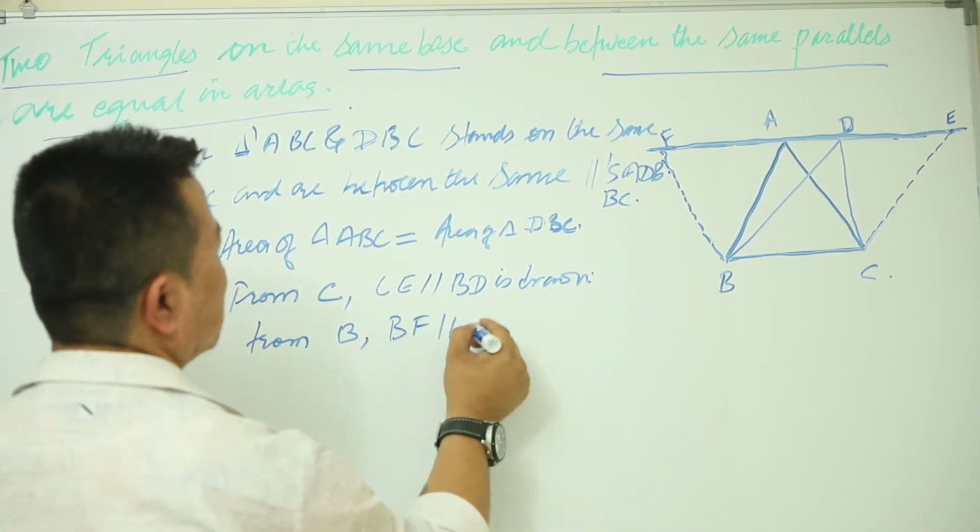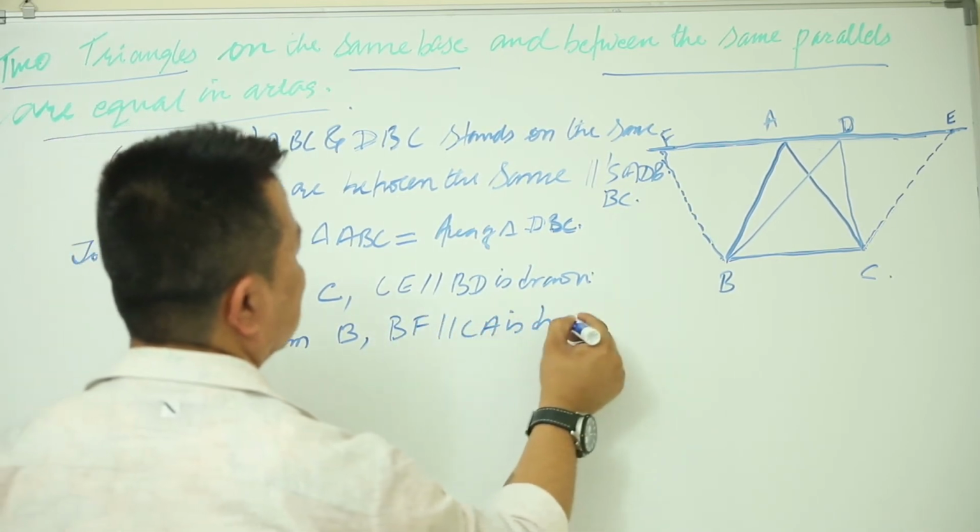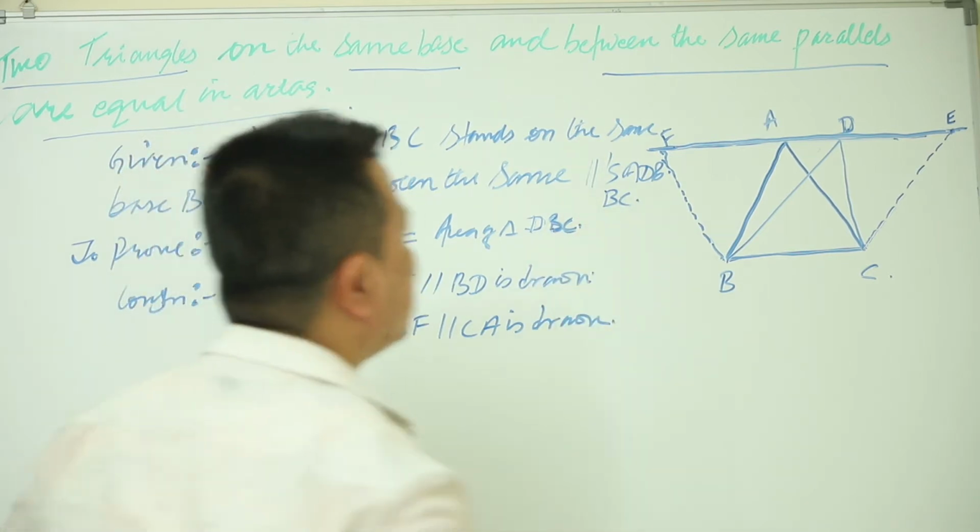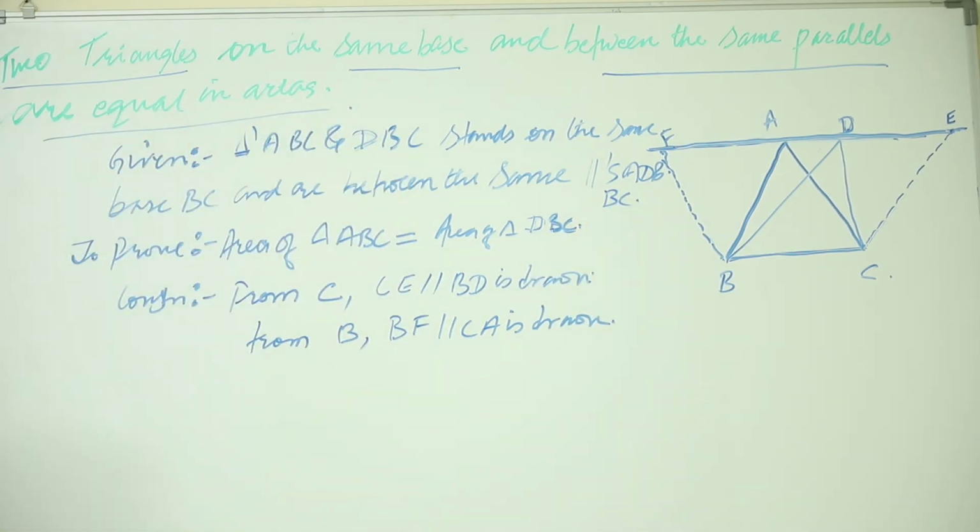BF parallel to CA is drawn. Okay, this is your construction. Now your construction is complete.